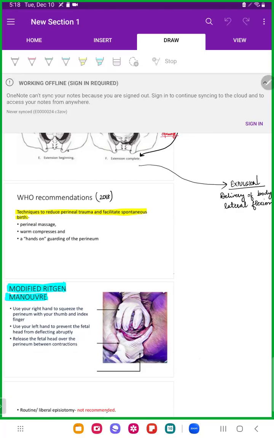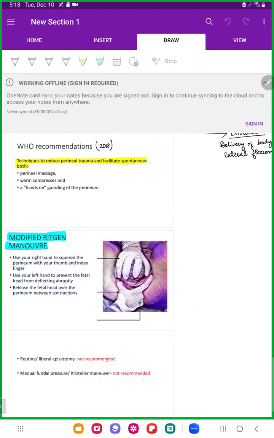In this, we use our right hand to squeeze the perineum between our thumb and index finger and use our second hand over the occiput of the fetal head to prevent it from deflecting abruptly. Okay. When there is a contraction, we use our hand to keep the occiput in an attitude of flexion, and between contractions, we release the head. So there is controlled delivery of the head.